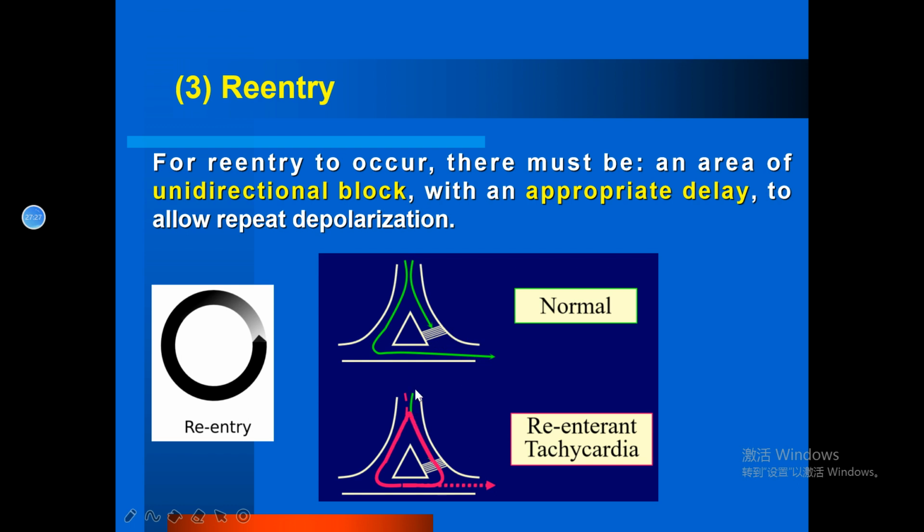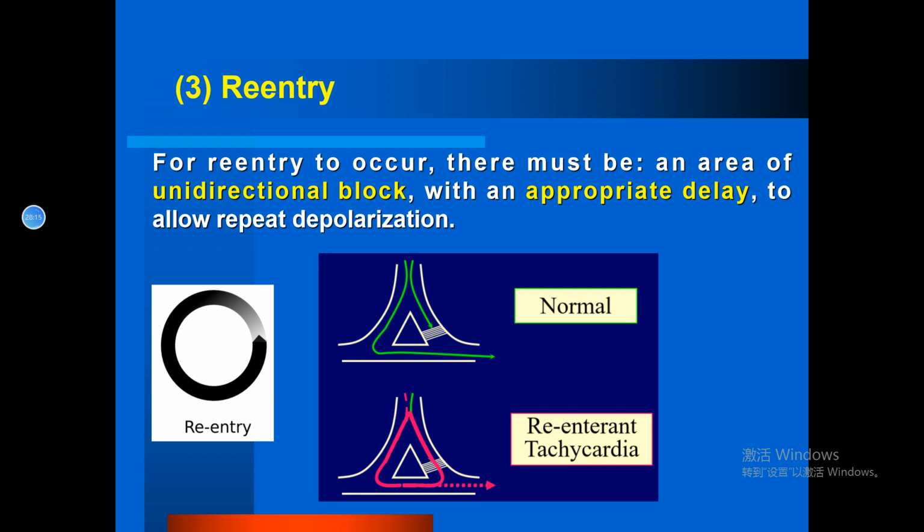But if there is a potential at the first time, the potential can spread from the top to the bottom through this path, and some potential can go back, right, to the beginning of the potential, and then it also can produce another second potential from this path and transmit it again. So here would produce a reentry activity. It can repeat continuously, so we call it a reentry tachycardia.